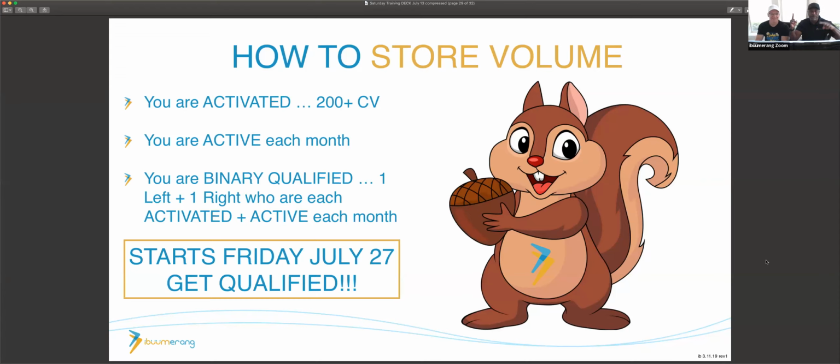So one on the left and one on the right. And they have to meet the first two criteria themselves. So they need to be activated. They need to each have 200 CV, and they each need to be active each month. As long as you have at least one on the left and one on the right, and you're taking care of business yourself, you will be qualified to store volume.